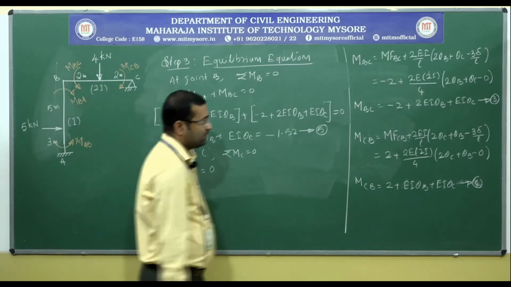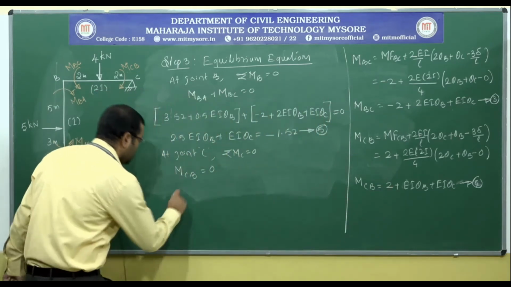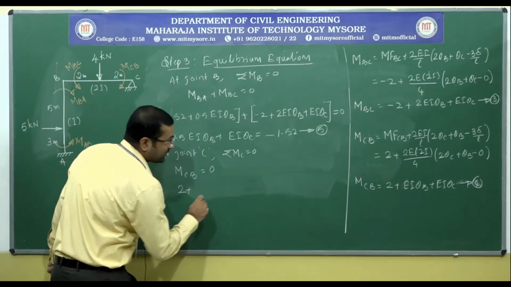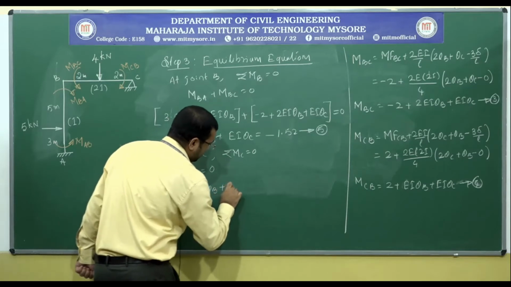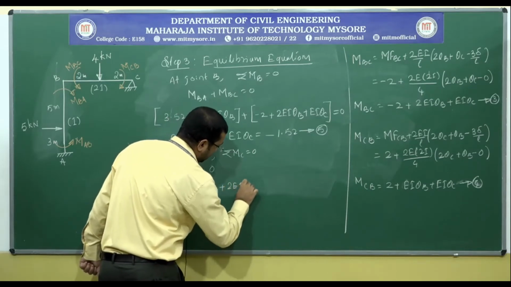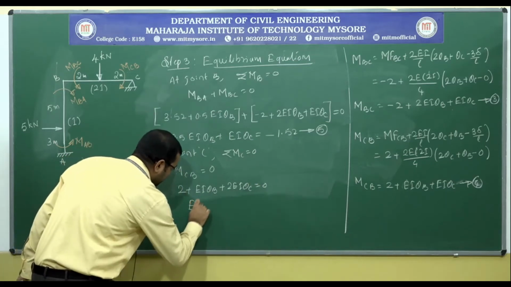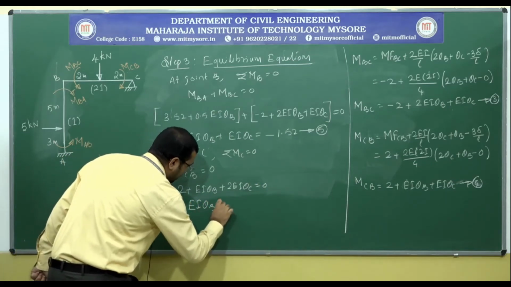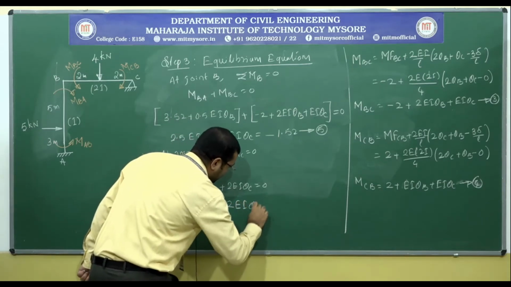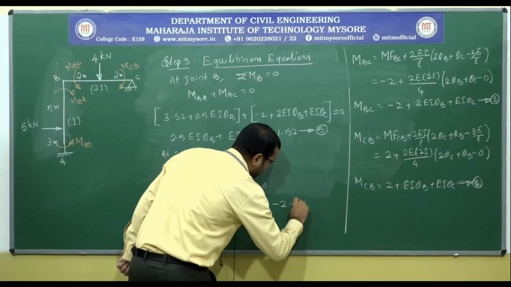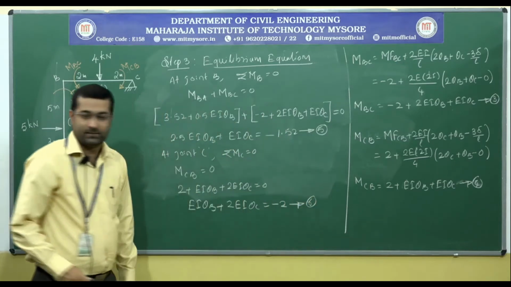The value of MCB we will get from equation number 4, that is 2 plus EI theta B plus 2 EI theta C equals 0. If I rewrite this, EI theta B plus 2 EI theta C equals minus 2. So, let me call this equation number 6.